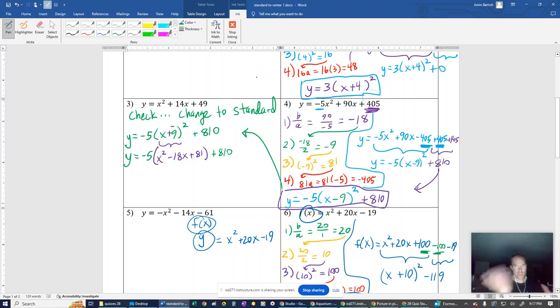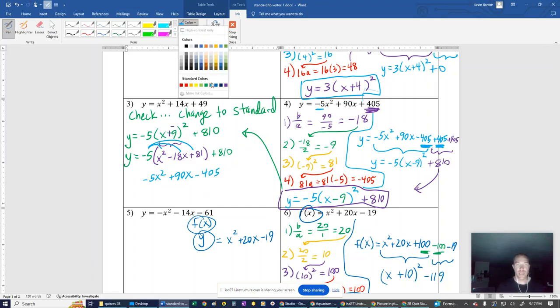So we couldn't do the parentheses, but we could do the exponent. Now we can multiply, we can distribute. Negative 5 times x squared is negative 5x squared. Negative 5 times negative 18 is positive 90x. And negative 5 times 81 is negative 405. And then the plus 810 is waiting its turn. So y equals all of that plus 810.